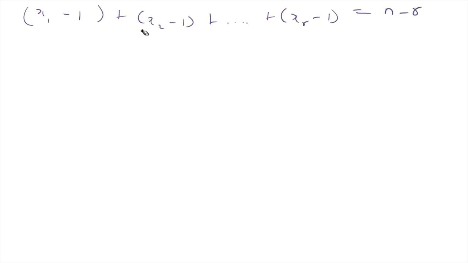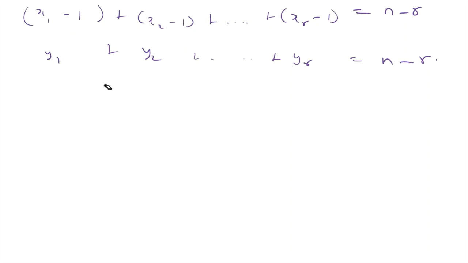So here I have added r once, I have subtracted r once, so on the RHS also I am subtracting r. Now let me take this as y1 plus y2 plus so on up to yr is equal to n minus r. So let y1 is equal to x1 minus 1, y2 is equal to x2 minus 1, and so on up to yr is equal to xr minus 1.